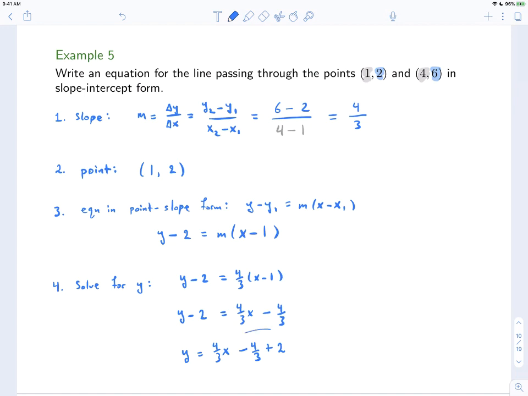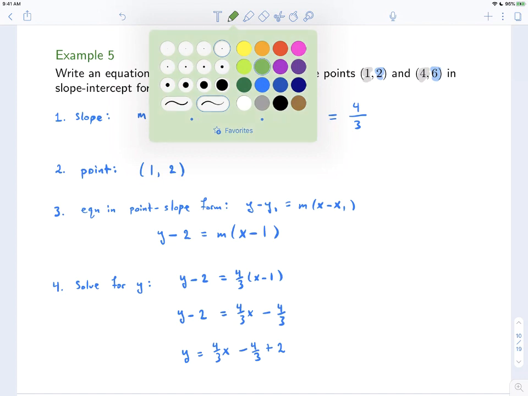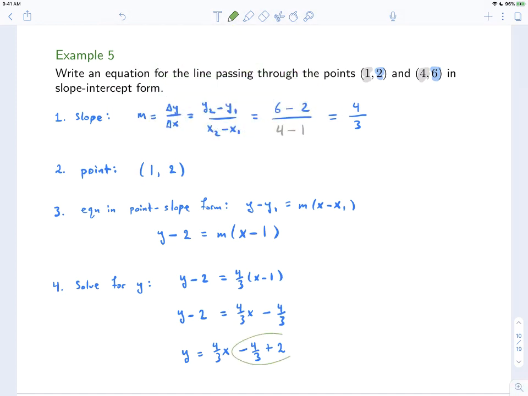So what we have to do now is simplify this. We have to add these two together, and the way to do that is to give them a common denominator. Let's just do it over to the side. So I want to combine negative 4/3 and 2. So negative 4/3 plus 2 times 3/3. I want to put a 3 in the denominator, so I have to put one in the numerator as well.